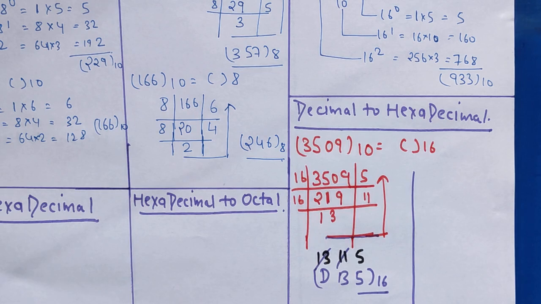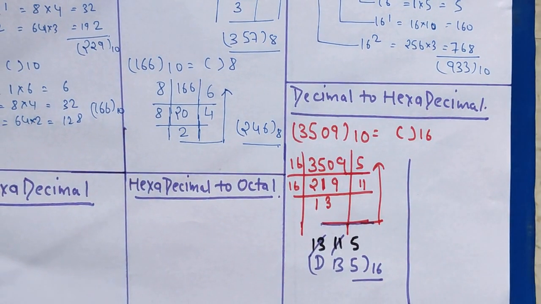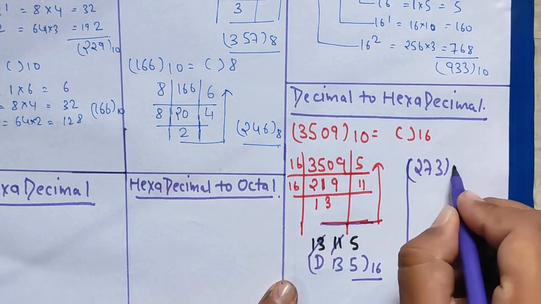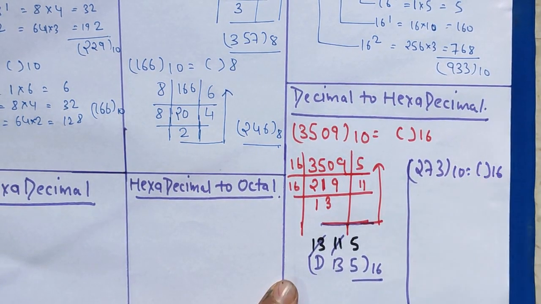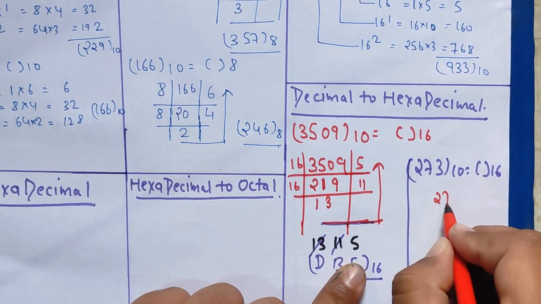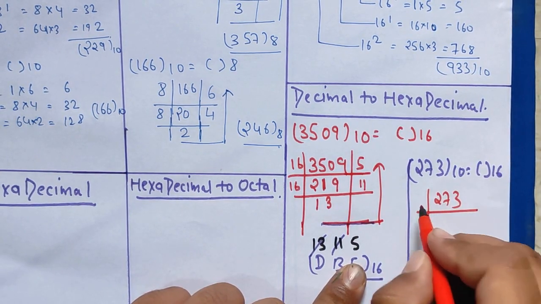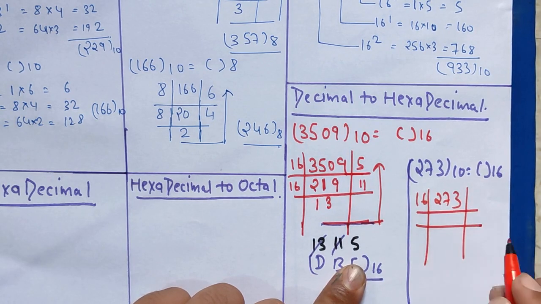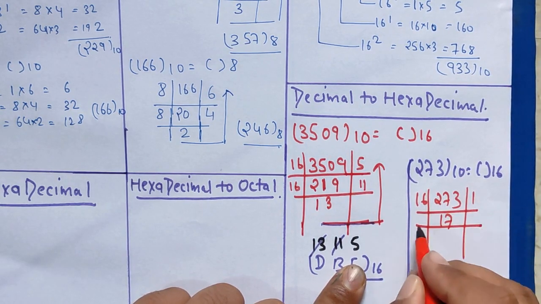Okay, now our next question is 273. It is a decimal number and I have to convert it into hexadecimal. How can I do it? Again, 273 I will divide by 16, then here I will write 17, remainder will be 1.